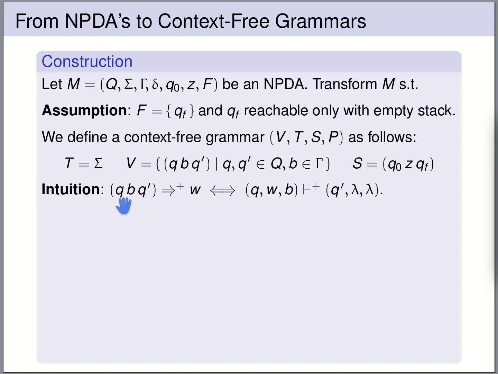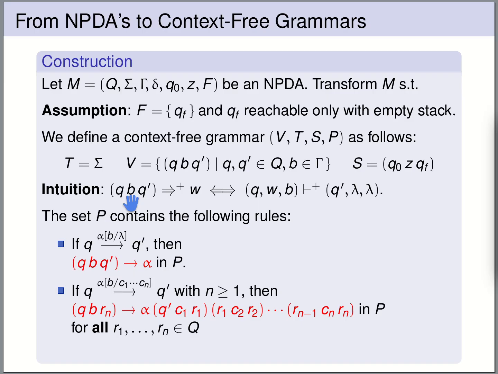In other words, there is a path from q to q' that consumes the input w and removes b from the stack. And it does not only remove b, but also everything generated from b. It completely empties the stack.